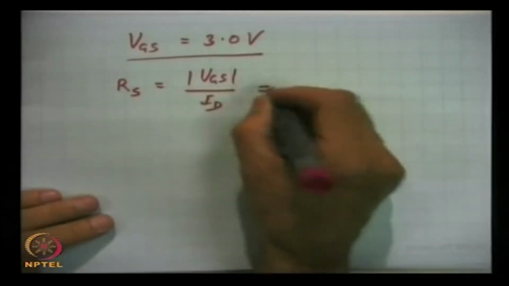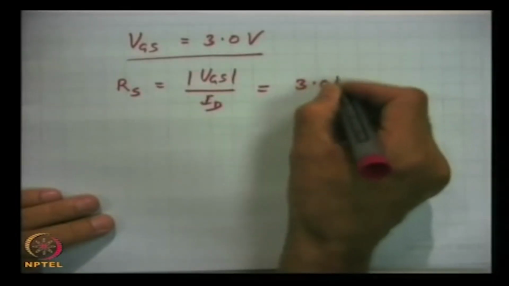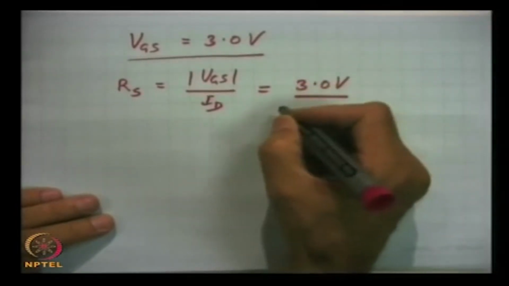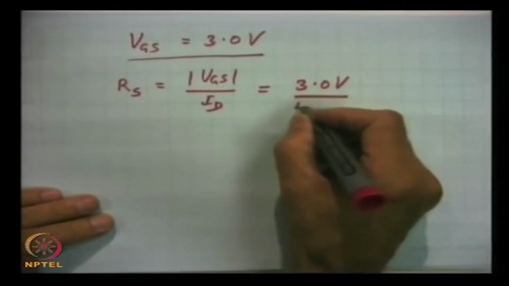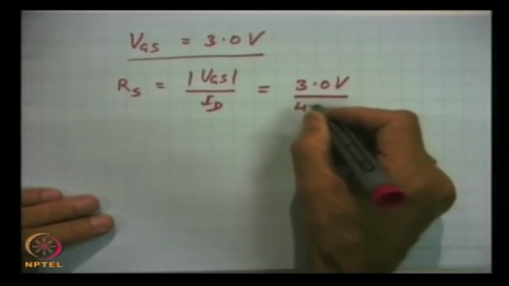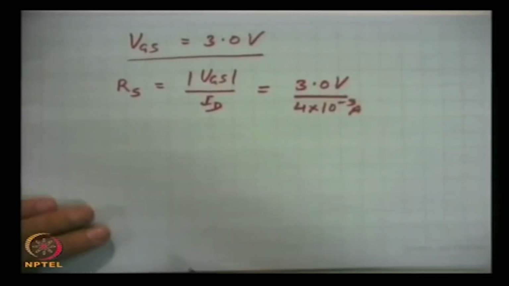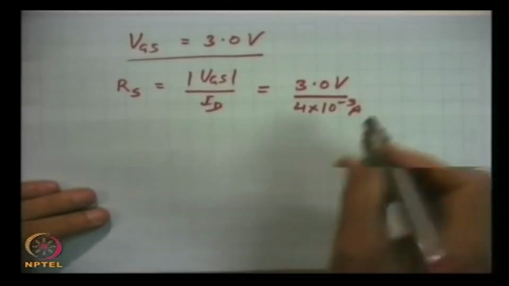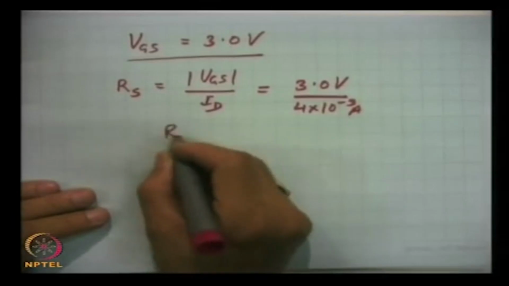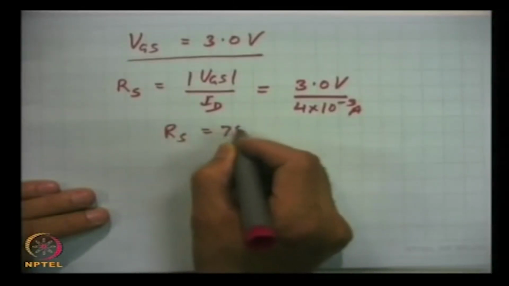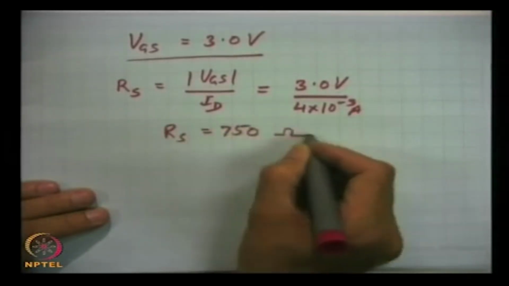So this is 3 volts and ID is 4 milliamperes, that means 4 times 10 to the minus 3 amperes. This gives RS equal to 750 ohms.